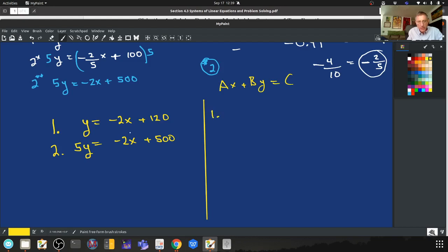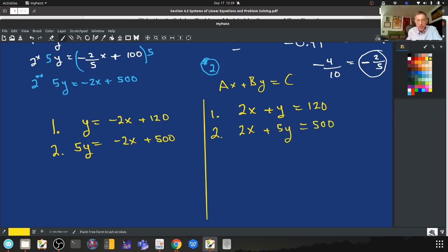So 1 is going to be, I'm going to move the minus 2x over, so it's going to give me 2x plus y is equal to 120. Now I'm going to move the minus 2x over again. I'm going to have 2x plus 5y is equal to 500.